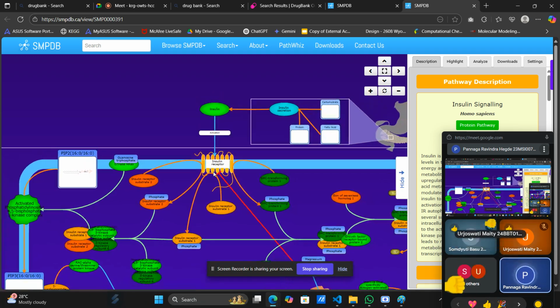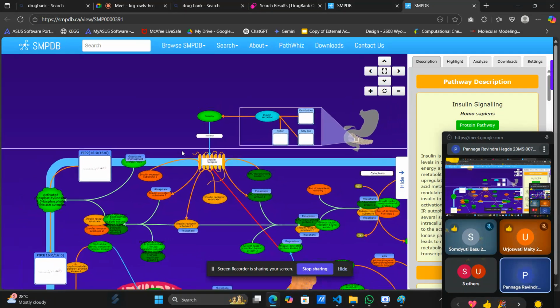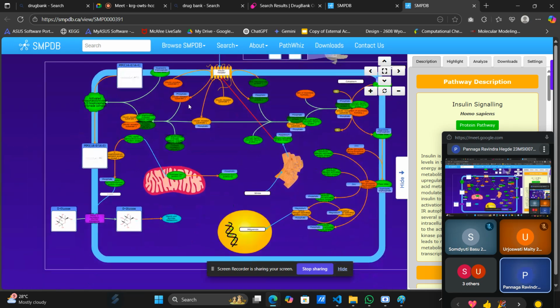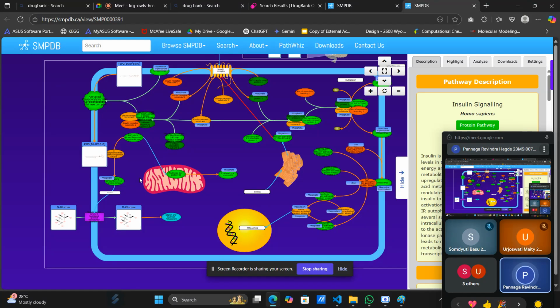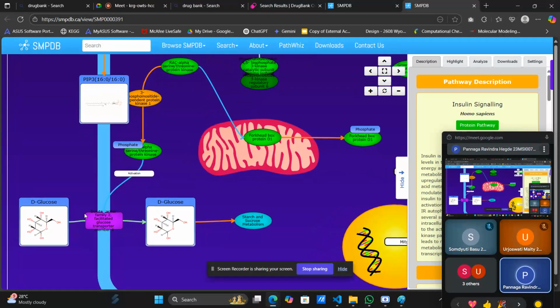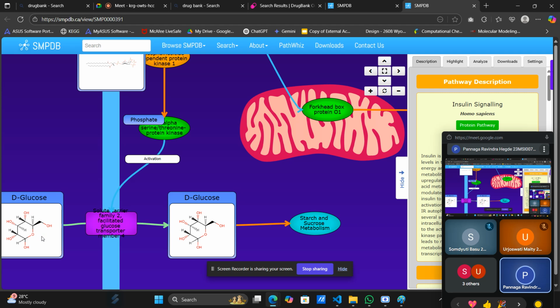And if I zoom out, you have the cell membrane structure, and you have mitochondria here. You also have the nucleus here. And on my left, you have the glucose transporter. Are you guys able to see? There is solute carrier family 2, facilitated glucose transporter member 4.